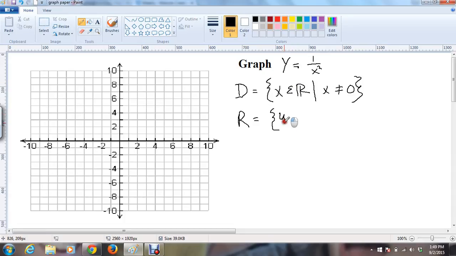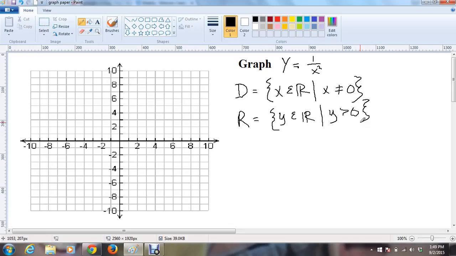So y is a real number that is strictly greater than 0. Can't be negative, can't be 0, so it's got to be positive.